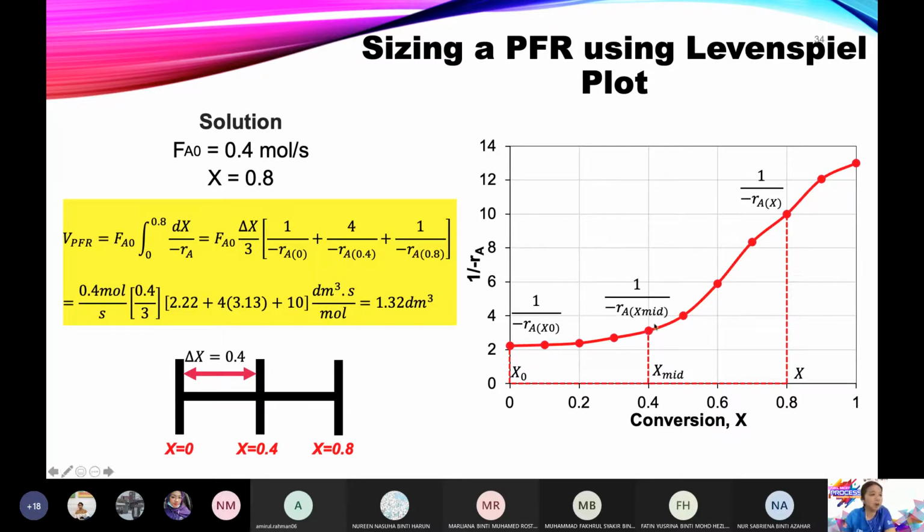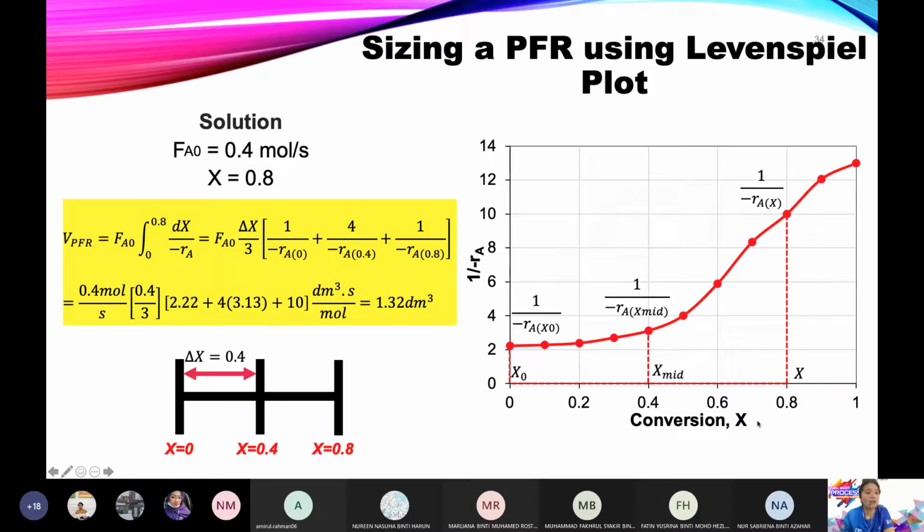But basically this point is 3.13, 1 per minus RA dia. That's why you multiply 3.13 multiply with 4. Don't forget, student always forget to multiply the 4. 4 tu ada, so dalam formula dia 4. So 4 multiply with 1 per minus RA when my X is 0.4, which is 3.13.